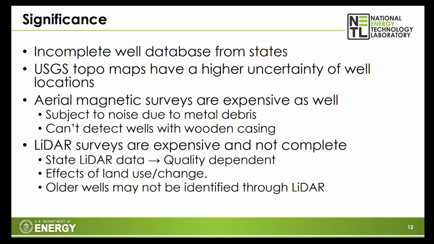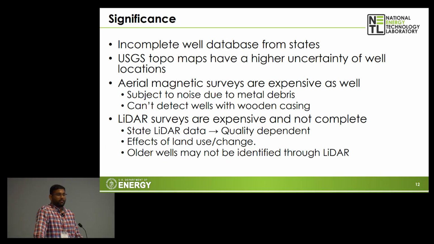So it sounds all pretty good. Why am I talking about this right now? Because we have all these technologies available out there, and we can do more with them. So why am I looking for something else? It's because the main interest is that the well databases available from the state resources are incomplete, as I mentioned in a few examples earlier.